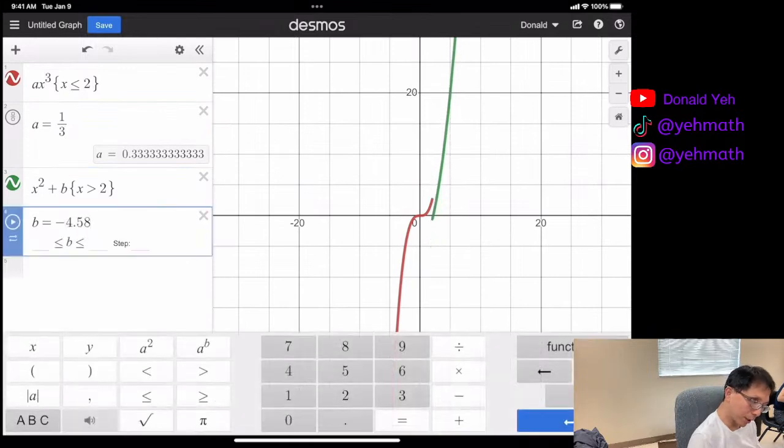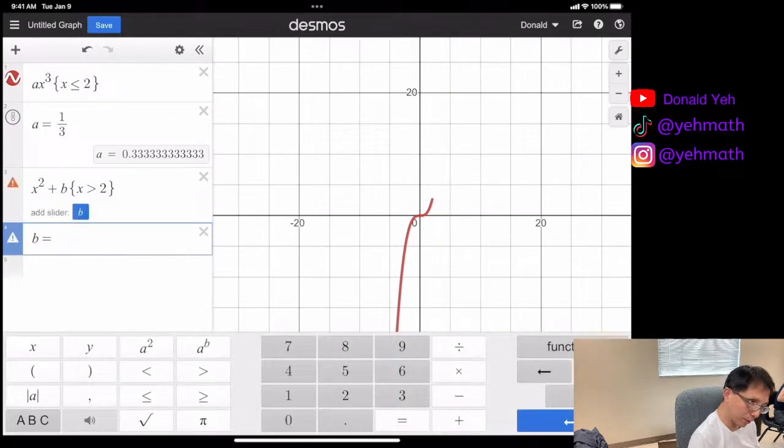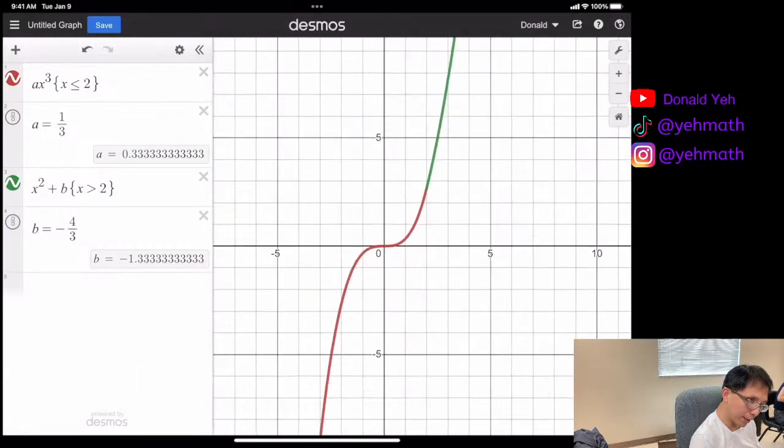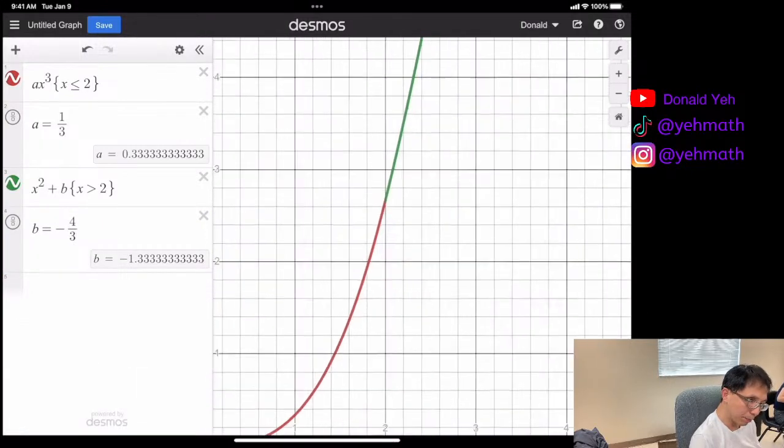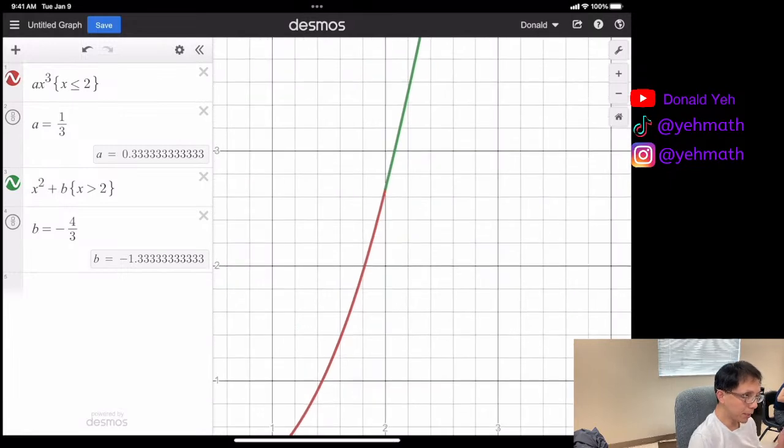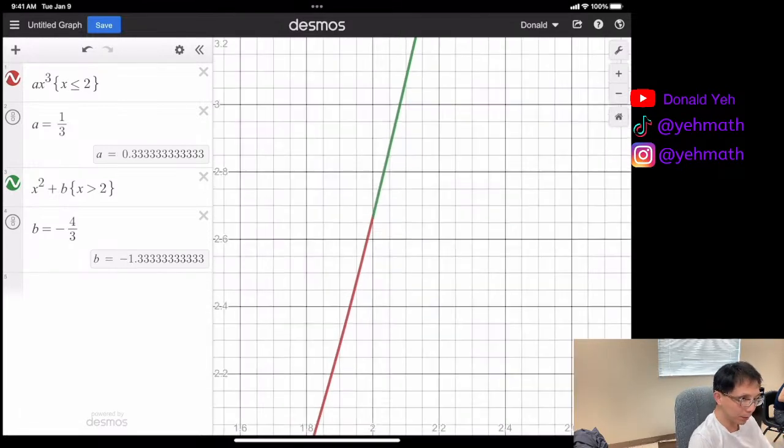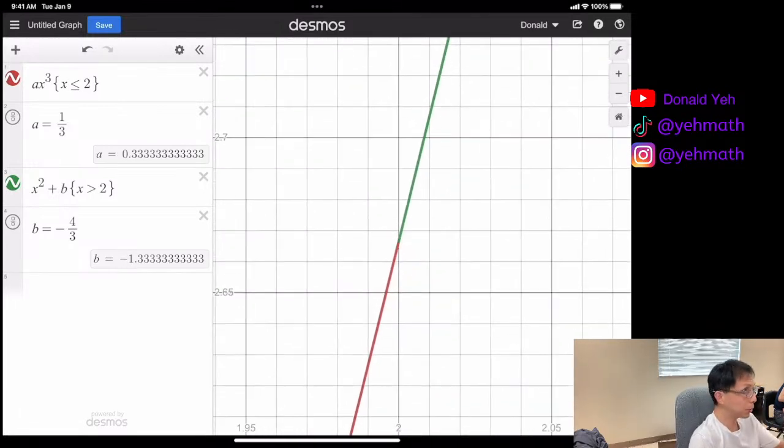And b is negative 4 over 3. And you can see that it's completely flawless because they actually connect. Otherwise they can connect, but it's not going to be completely smooth from one side to the other side. You have to be able to figure out that they are differentiable. Does that make sense?